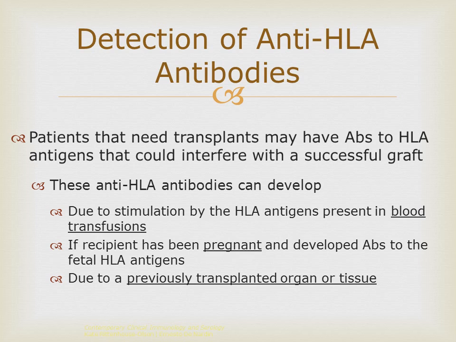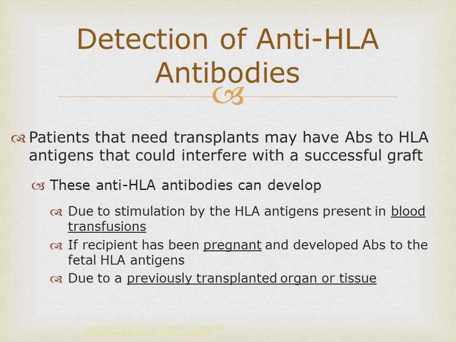We've mentioned this before, but it bears repeating. Patients that need transplants may have antibodies to HLA antigens that would interfere with the success of the graft. These HLA antibodies could have been stimulated to develop because of previous blood transfusions.